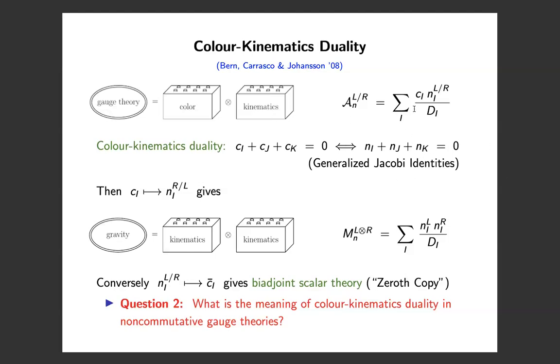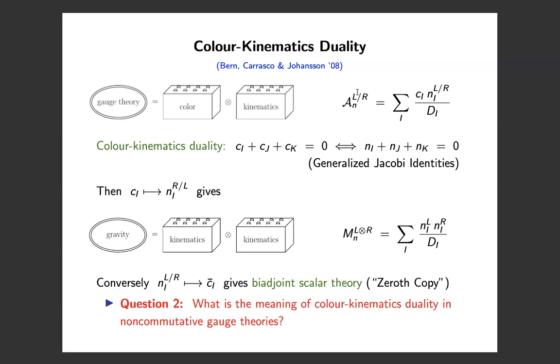But anyway, if you can do this factorization and color kinematics duality holds in this sense, then there's a very simple prescription to get the double copied gravitational theory. For the left amplitude, you would replace the color factor by a right one.